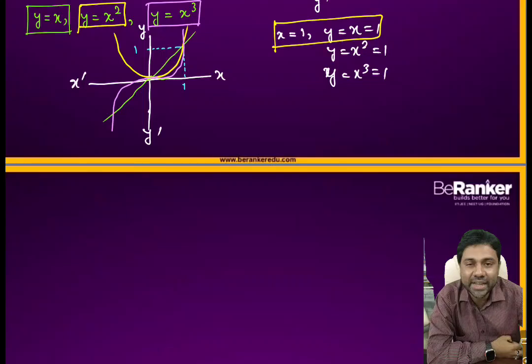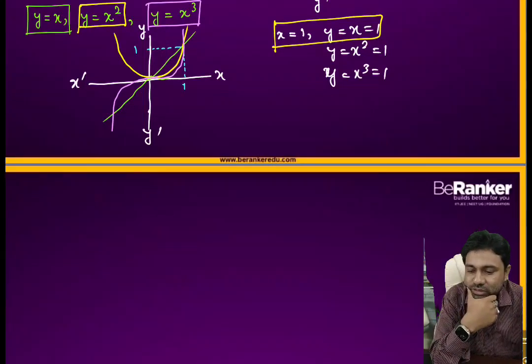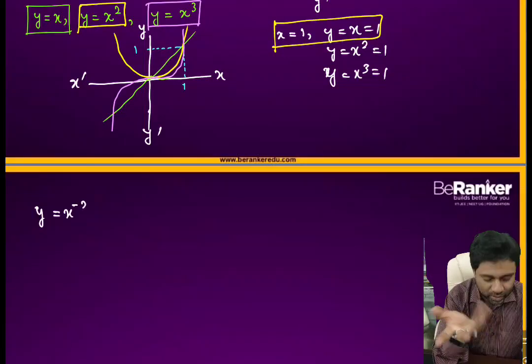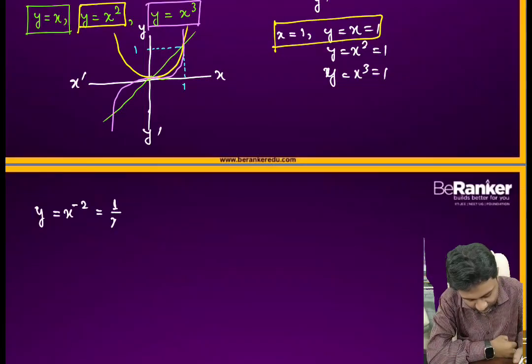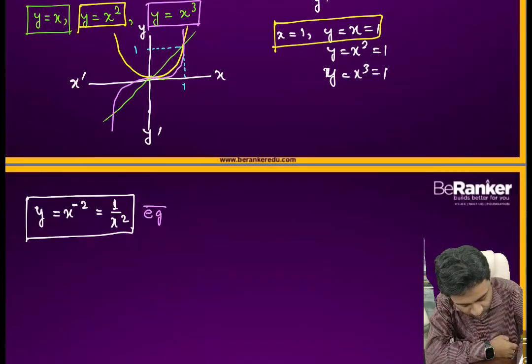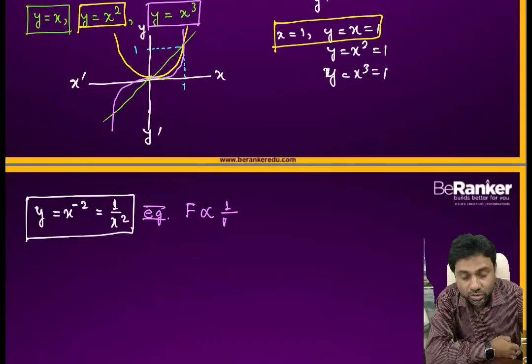Now, if the power is negative, we already discussed one negative power, y equal to x to the power minus 1. Other negative powers will have a similar impact. Like if you want to plot y equal to x to the power minus 2, that is 1 by x square, which is very common for field forces. I can give you an example like the Coulomb force, the gravity force.